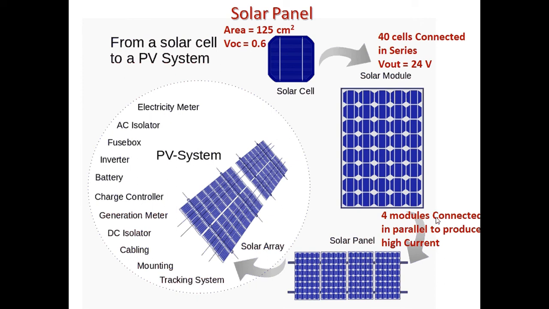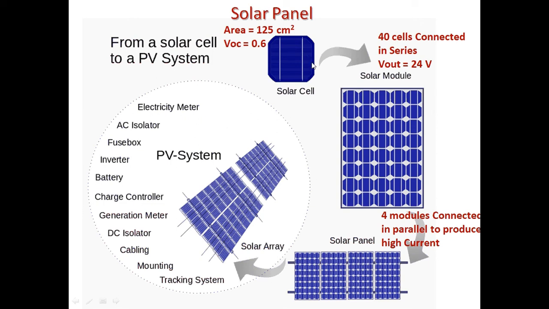So let's try to understand the technical part of the solar panels which are available. Most of the solar panels available commercially are based on silicon solar cells. A silicon solar cell has an area of 125 centimeters square, which is the normal size of your wafer.